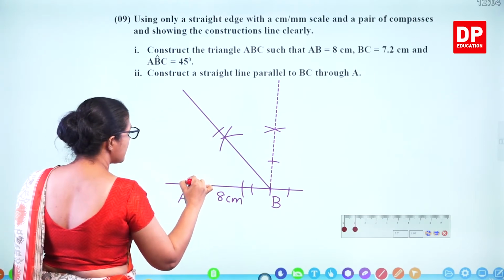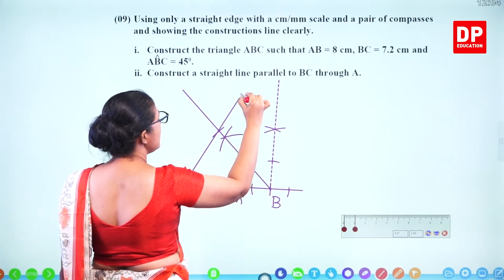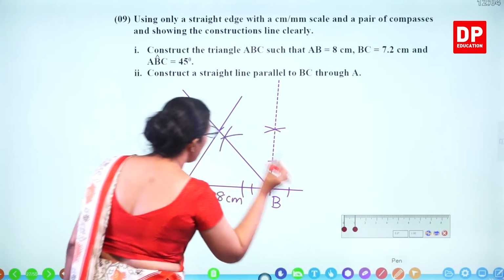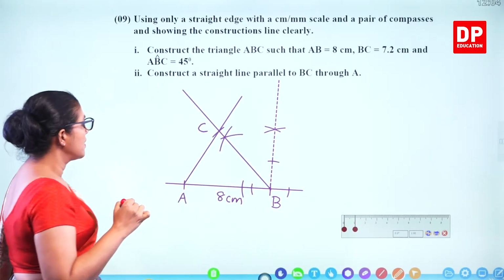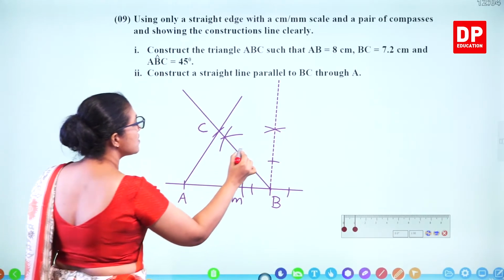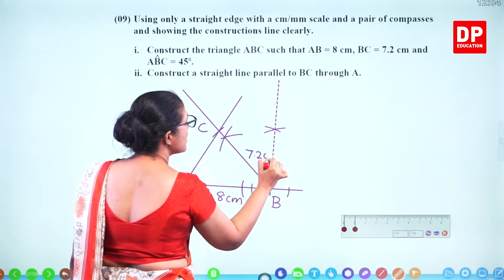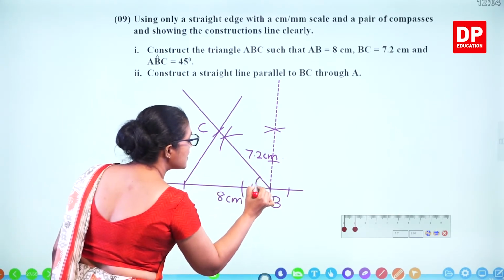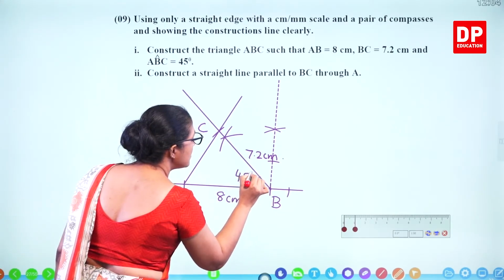We can connect A with C and mark this point C. So this is 7.2 centimeters. And this is 45 degrees.